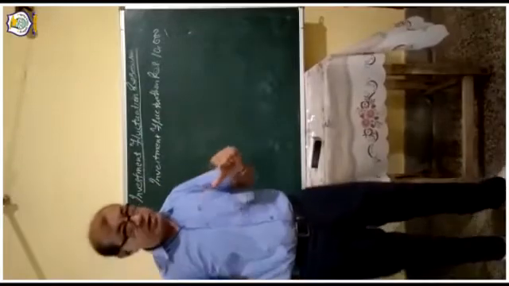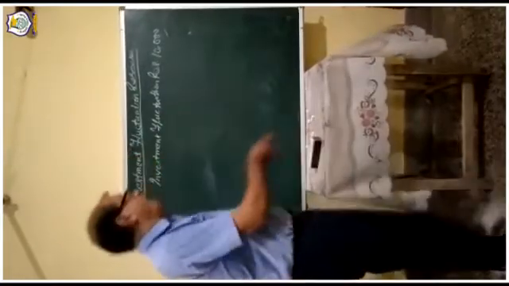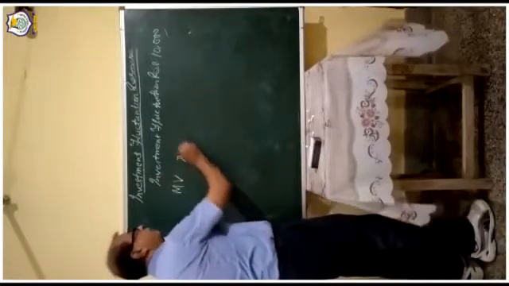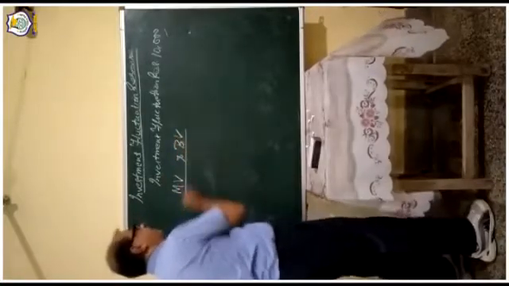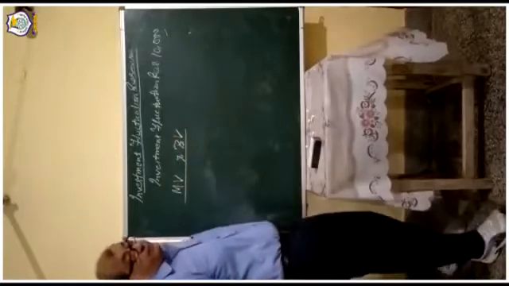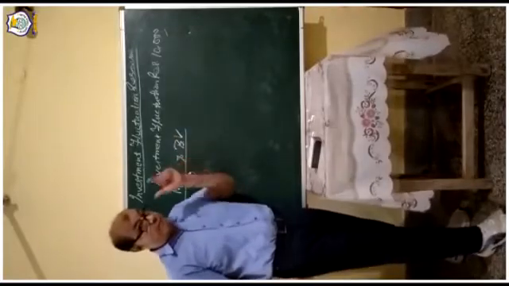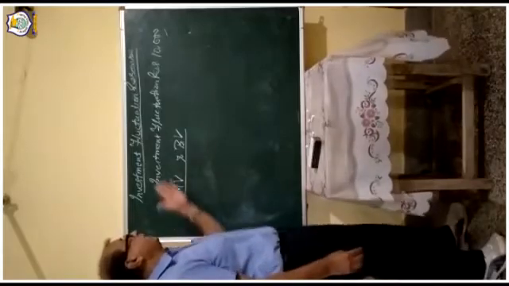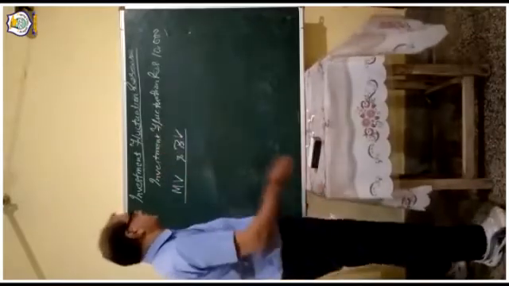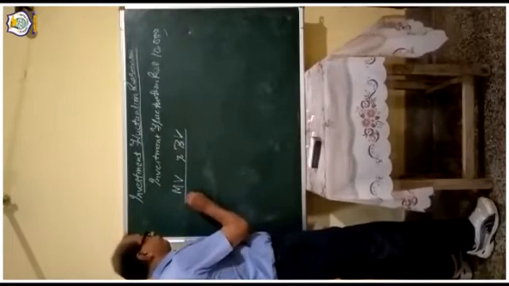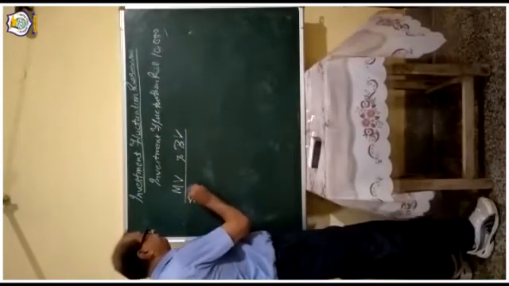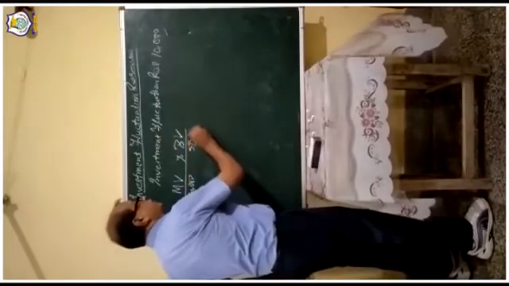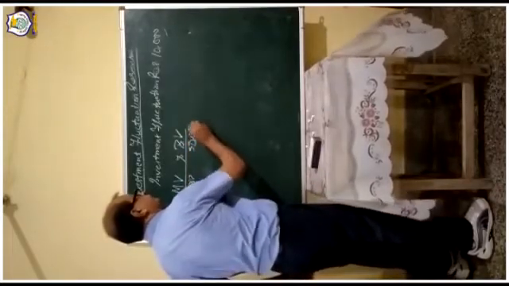In the question it has written that market value and book value, MV and BV, play an important role here. Because suppose market value of investments is 5 lakh, and the book value is also given as 5 lakh.